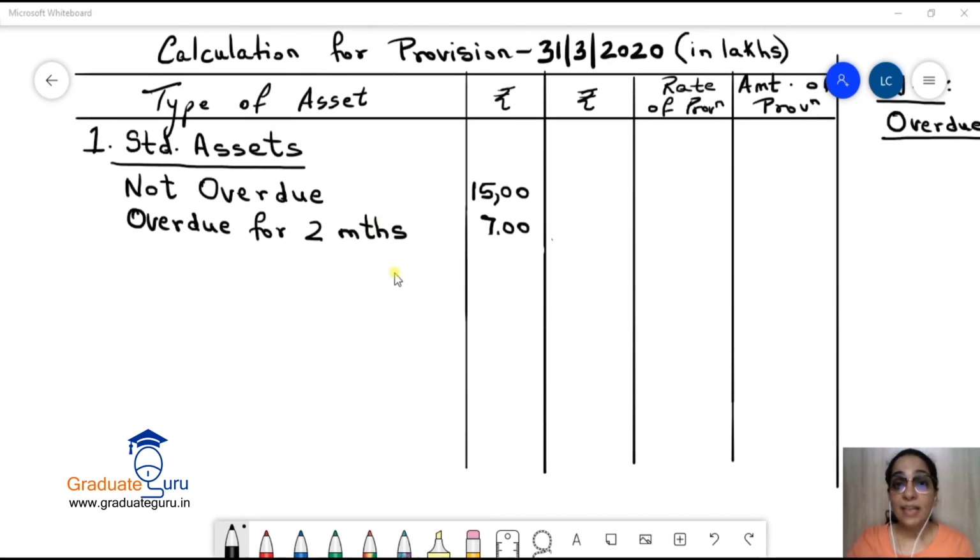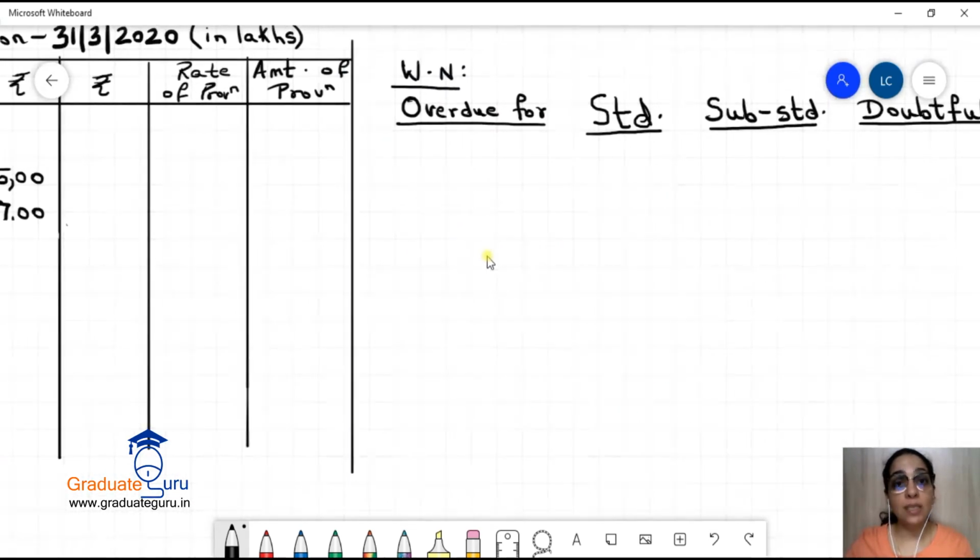Now the next category that we have says that it is overdue for 5 months. So let us first check which asset classification this will be categorized in. So here I will write overdue for 5 months.